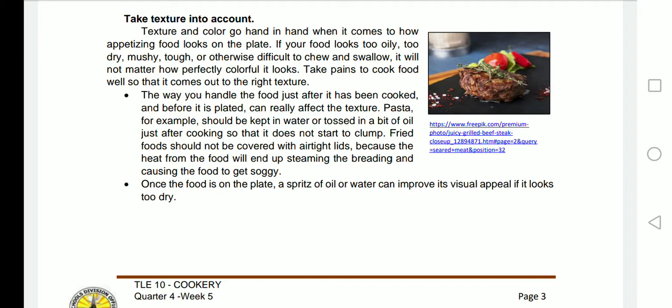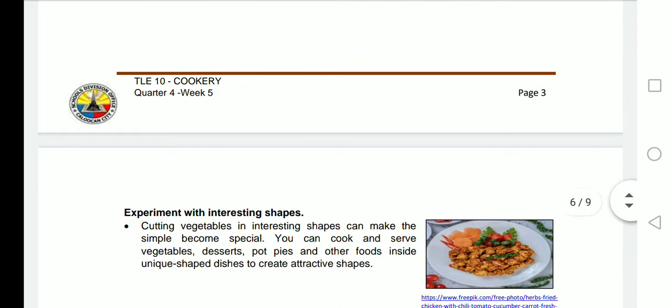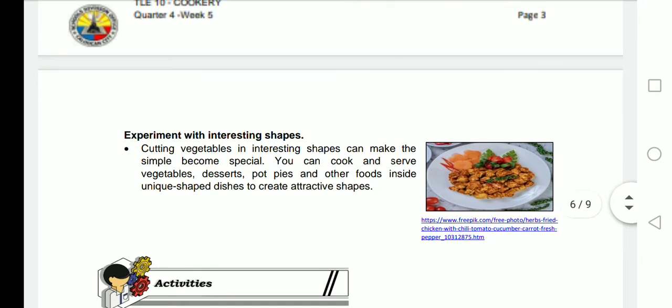Fried food should not be covered with airtight lids because the heat from the food will end up steaming it and causing the food to get soggy. Once the food is on the plate, a spritz of oil or water can improve its visual appeal if it looks too dry. So if it is too dry, just add a little oil or water.